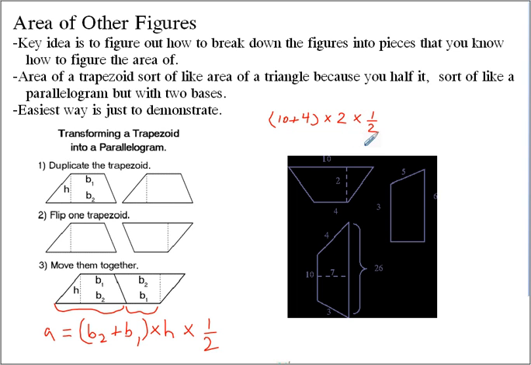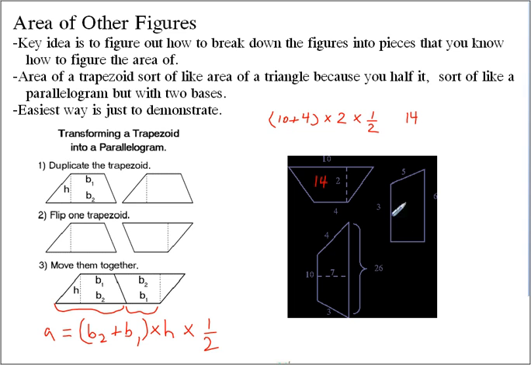When you multiply this all out, and really there should be units here, maybe centimeters or something like that, but they don't have them here. But don't forget to include the units when the problems have them. So this is 14 times 2, 28 divided by 2 is 14. So the area of this is going to be 14.